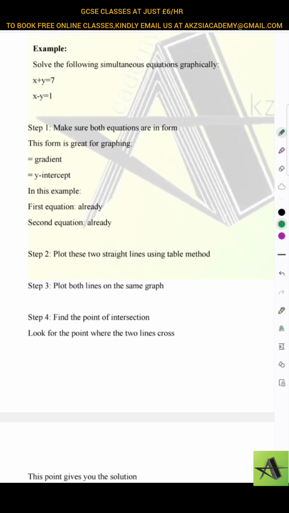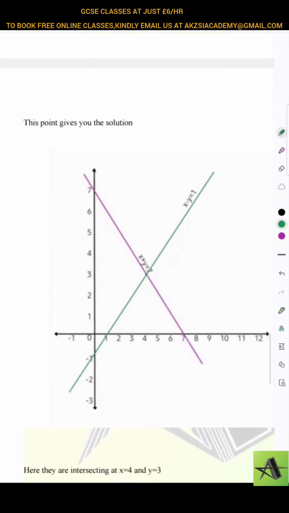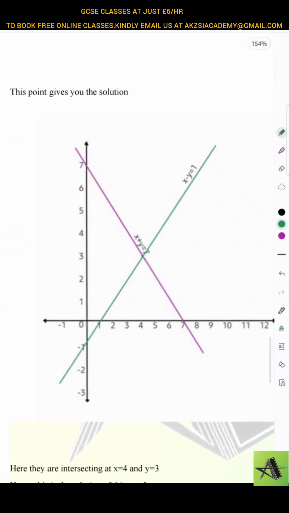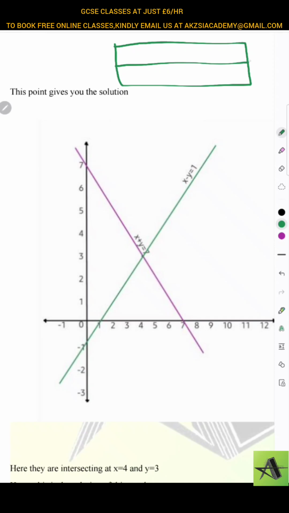Here I'm just showing you the common method that you are following so far, which is the table method. So x plus y equals 7. Your table method says you have to draw a table like this, and for a straight line 3 points are more than enough, 3 or 4, but if you want you can use 4.